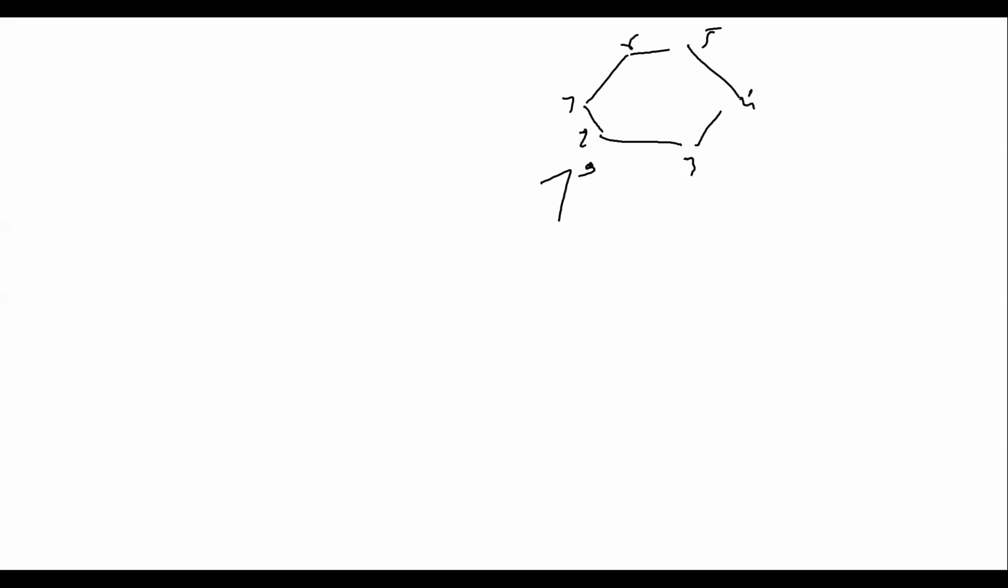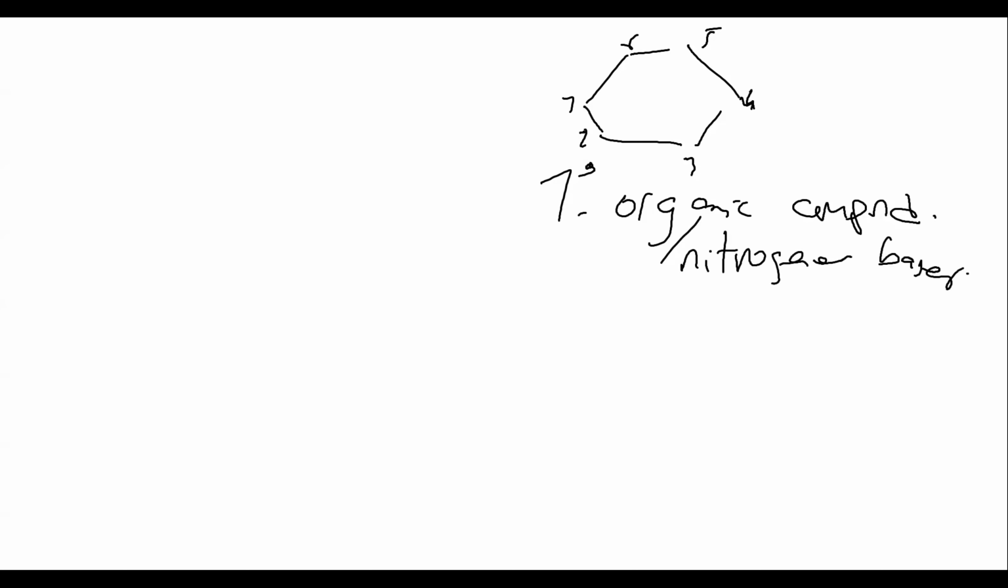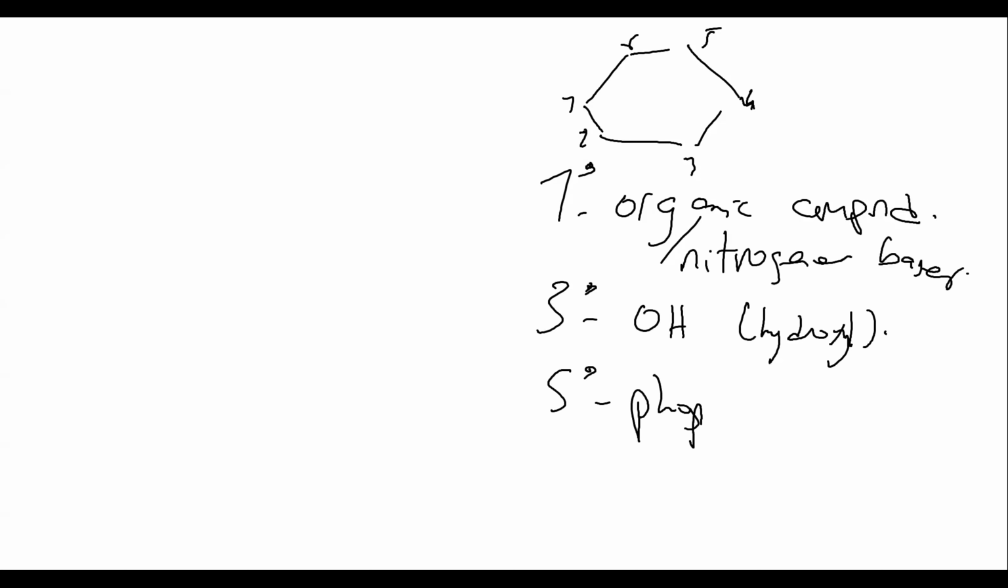One prime usually holds an organic compound, or nitrogenous bases. Three prime usually holds the OH group, or the hydroxyl group. Five prime usually holds the phosphate group. These are also for memorizing.